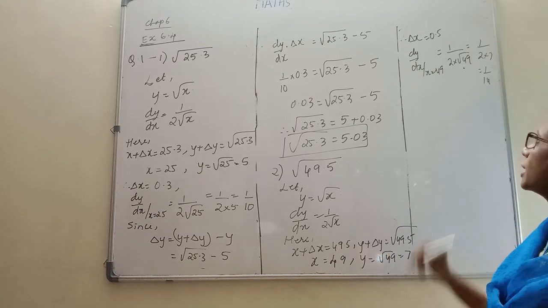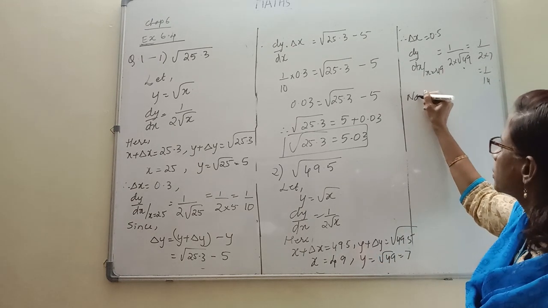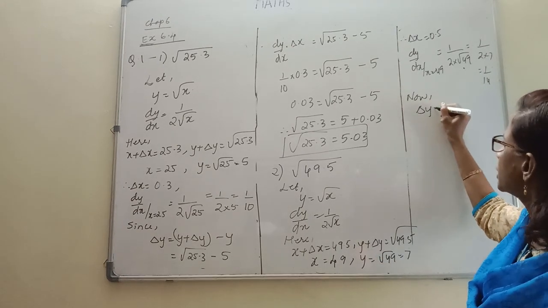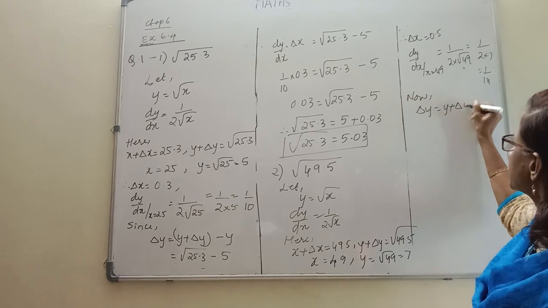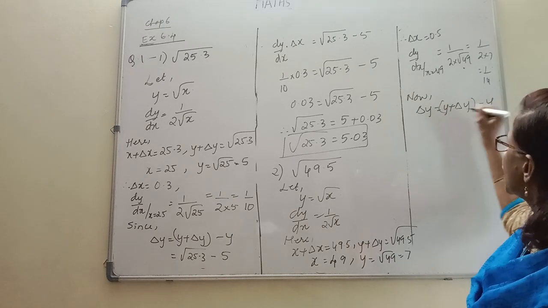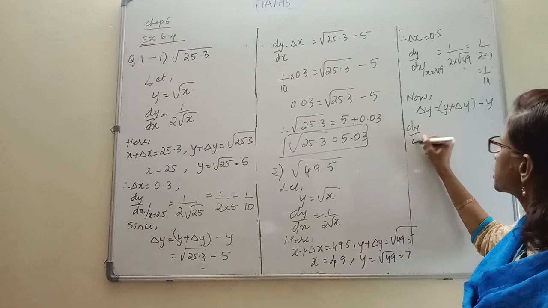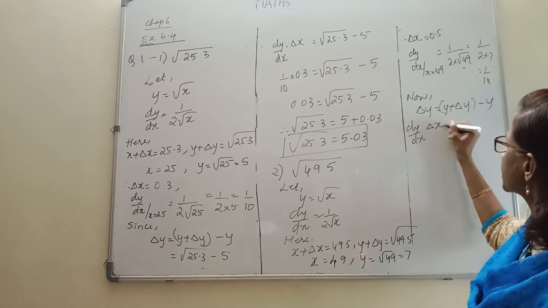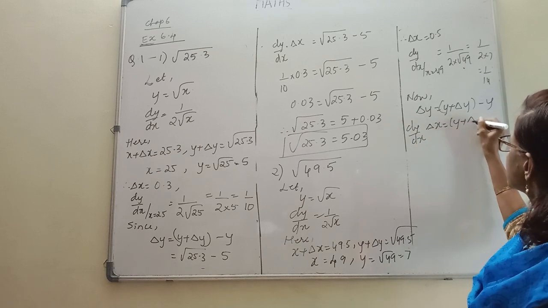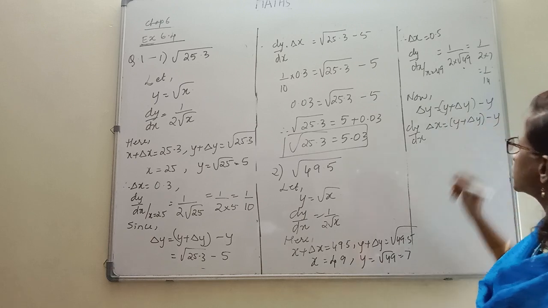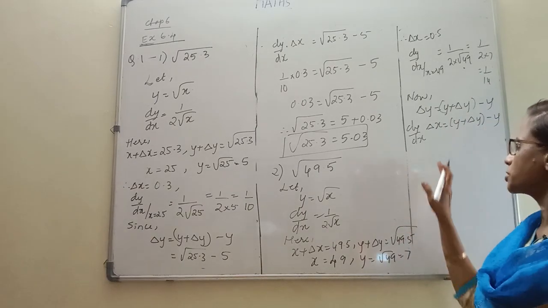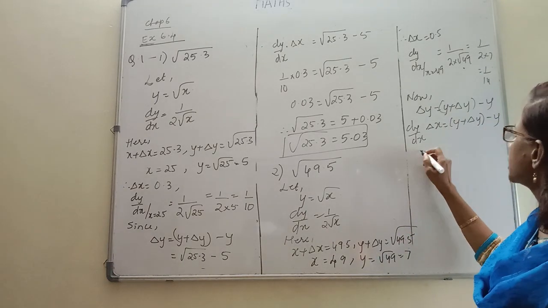So that's done. Now we use our expression. We know that delta y is y plus delta y minus y, and delta y, because of approximation, is dy by dx into delta x. So we have all our prerequisites. We are going to substitute. Dy by dx we have calculated as 1 by 14.